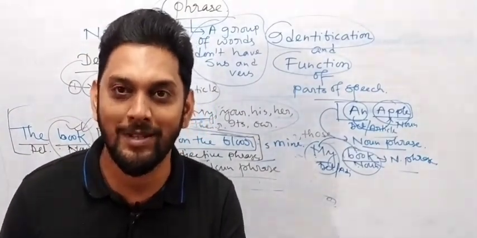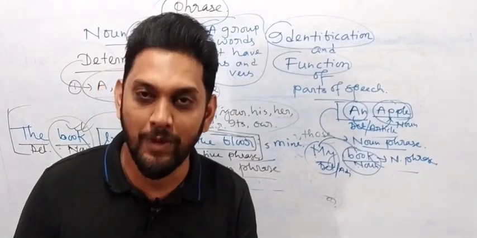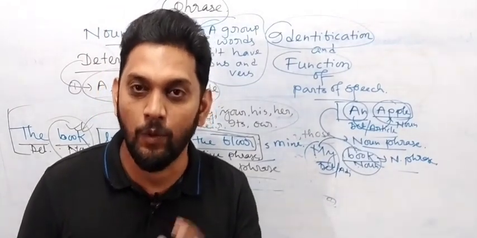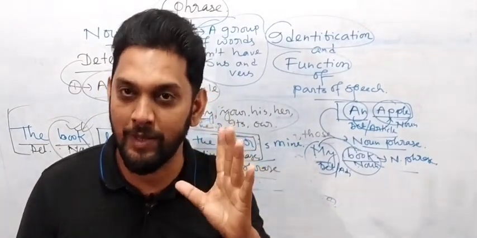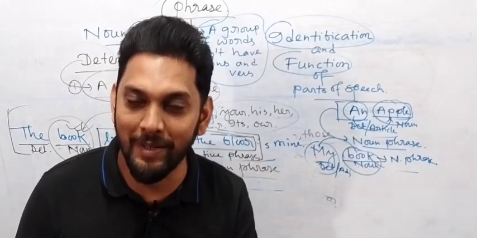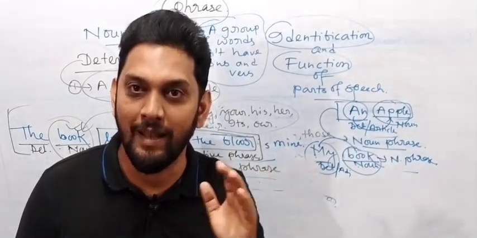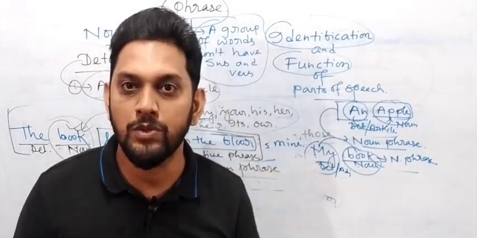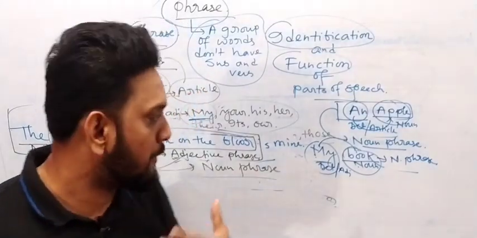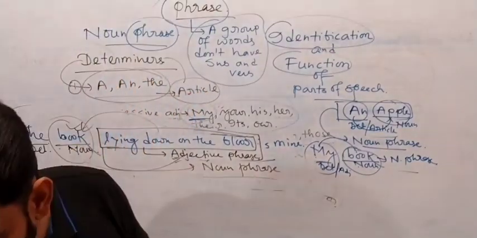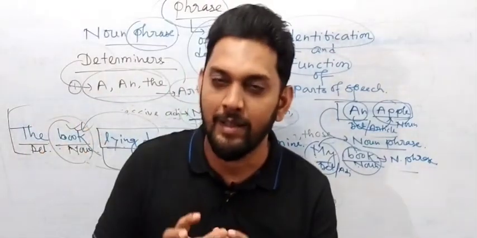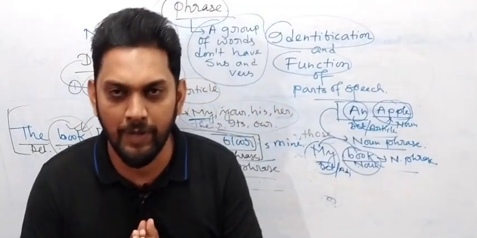Noun also I have not started yet. As of now we have been studying only phrases, only the noun phrase has been completed, and right now I have started the adjective phrase. We need to study a lot before that, and I hope all of you are understanding the concept of the adjective phrase.